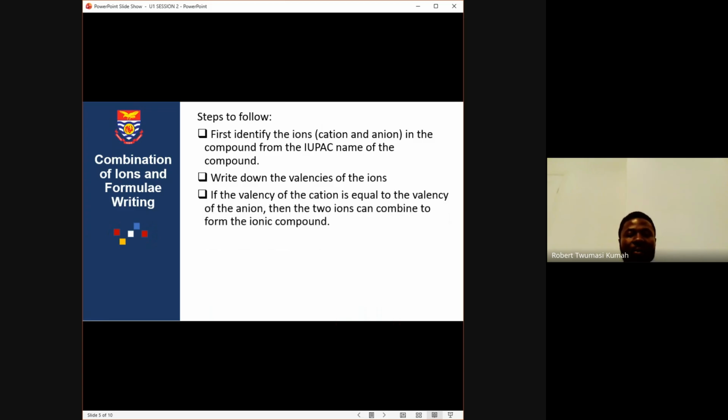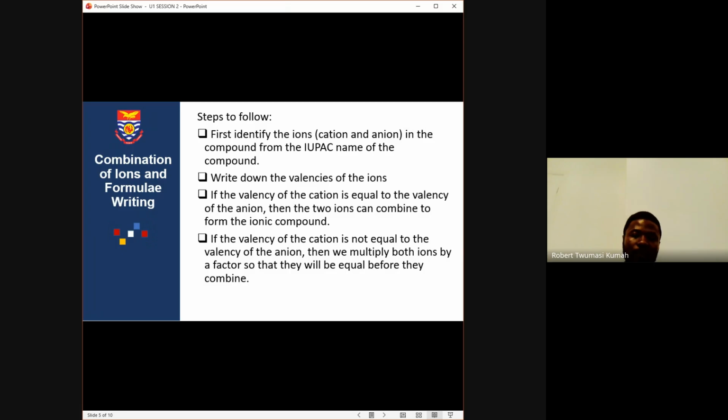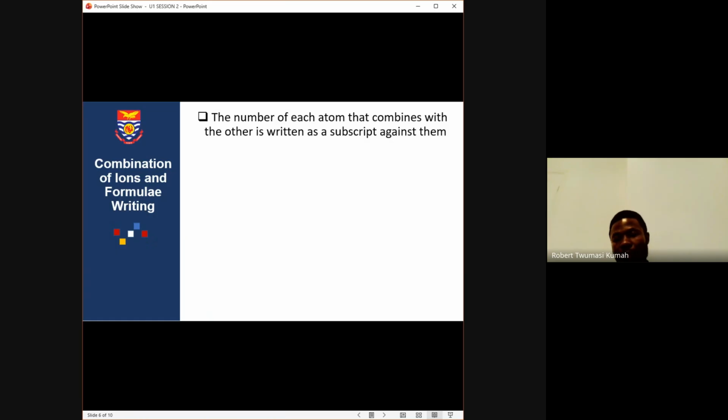If the valency of the cation equals the valency of the anion, then the two ions can combine to form the ionic compound. In other words, it becomes a neutral compound. We'll look at some examples. And if the valency of the cation is not equal to the valency of the anion, then we multiply both ions by a factor so that they will be equal before they combine. We are going to pick an example and use it to explain these methods.